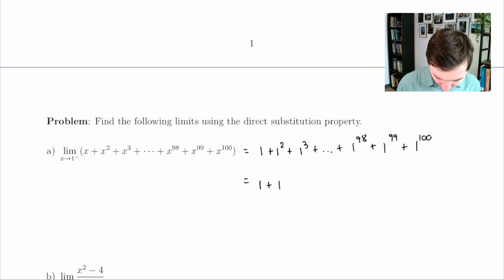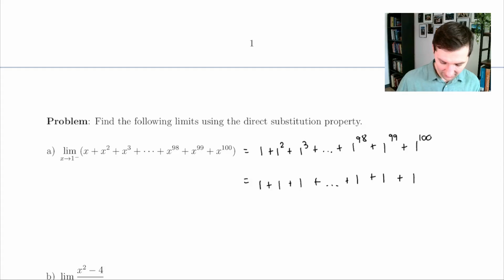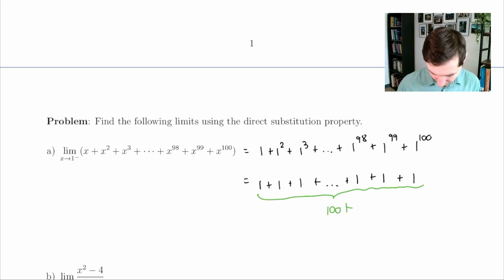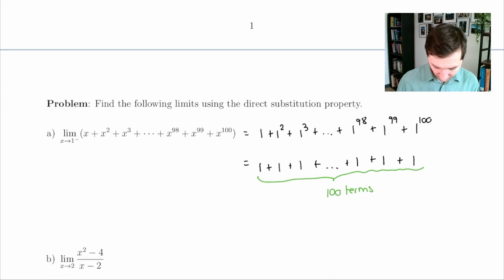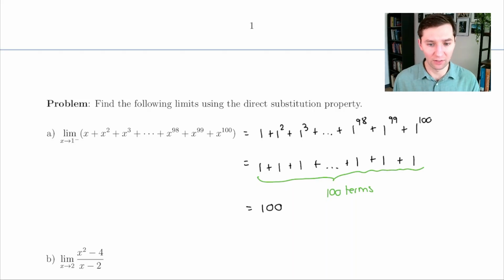So I get 1 plus 1 plus 1 plus ... plus 1 plus 1 plus 1. I believe I have 100 terms here. Adding 100 terms, each one of them being 1, gives you 100. So the limit of this function as x approaches 1 from the left is 100.